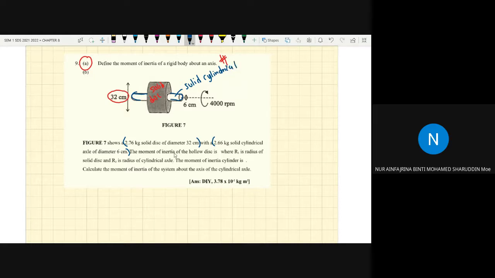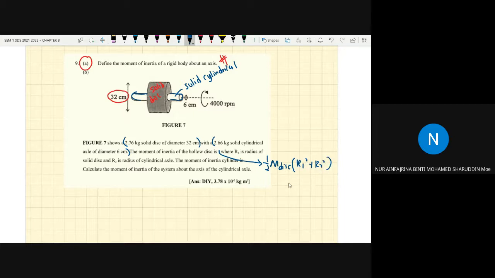So the moment of inertia of the hollow disc is where R1 is the radius of solid disc. Oh, dia tak bagi tahu kan. Actually dalam soalan dia ada cakap ni tau. Half mass of disc, then dia adalah R1 squared tambah dengan R2 squared.